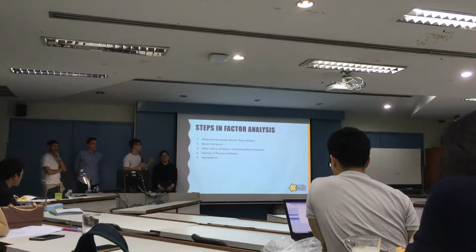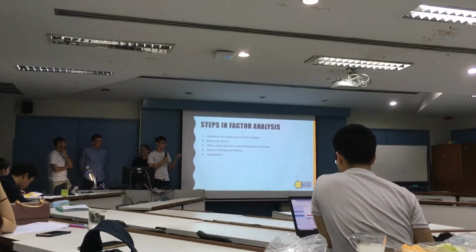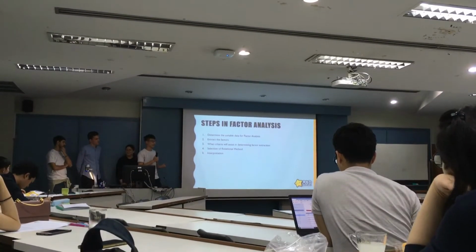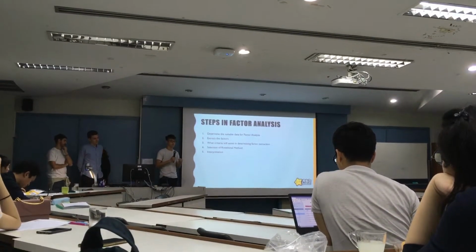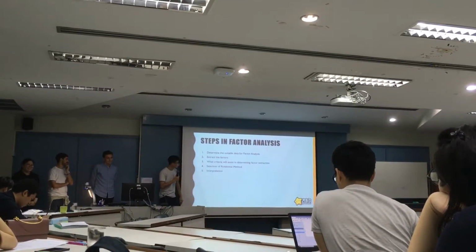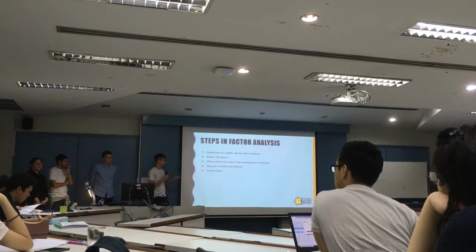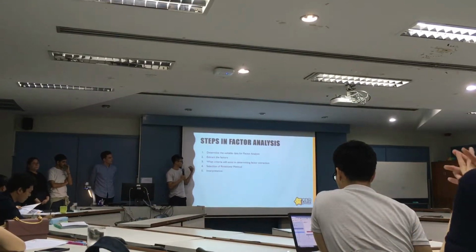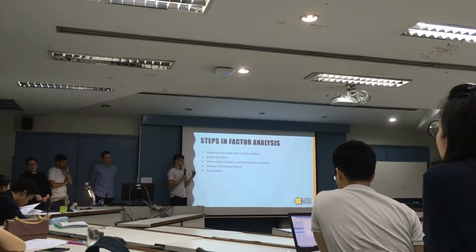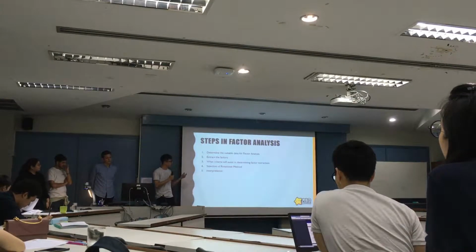The second and the third are about how to extract the factors and how many factors are present. And the fourth one is, if the result is hard to explain, there are some methods we can use to make the result easy to read.